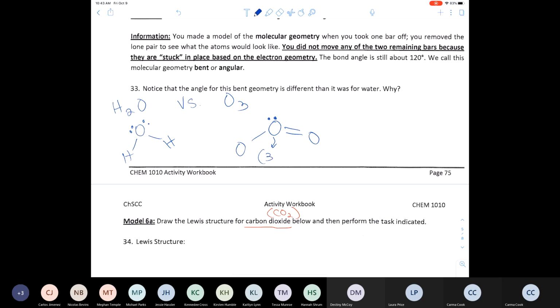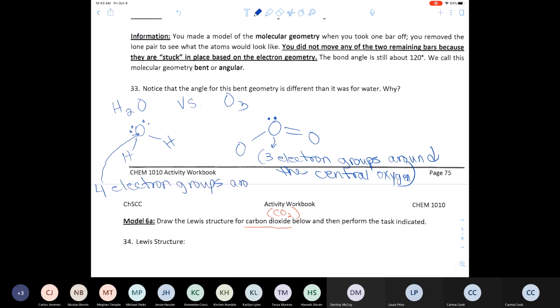There are only 3 electron groups around the central oxygen of ozone. But for water, you have 4 electron groups around the central oxygen.